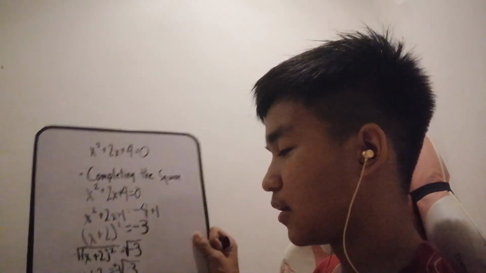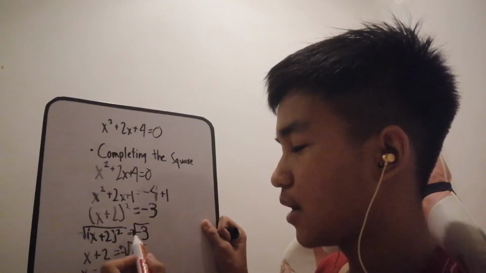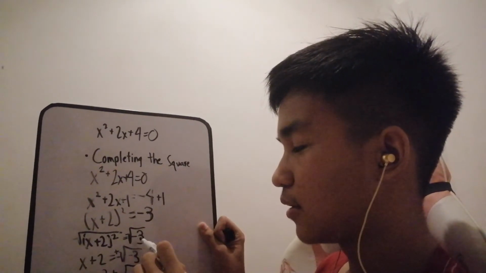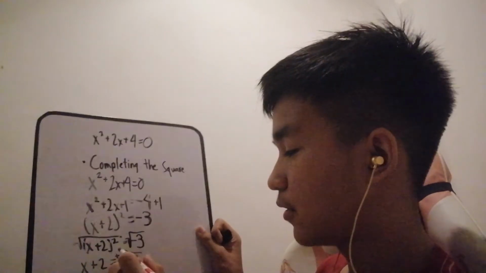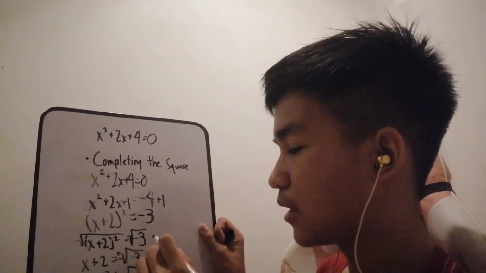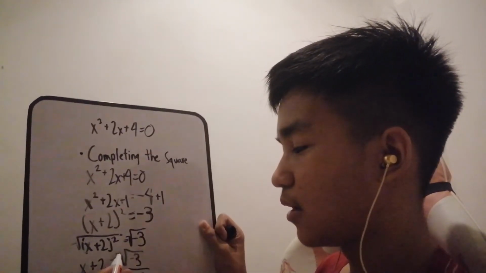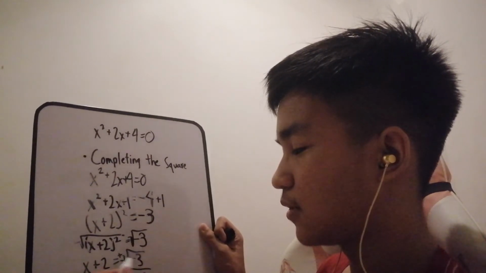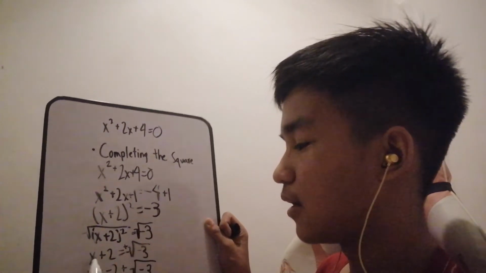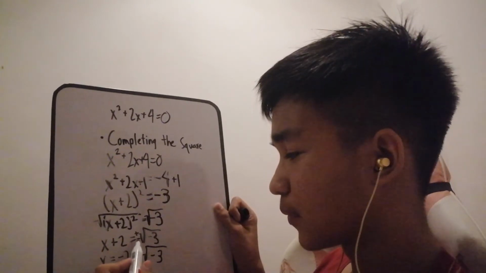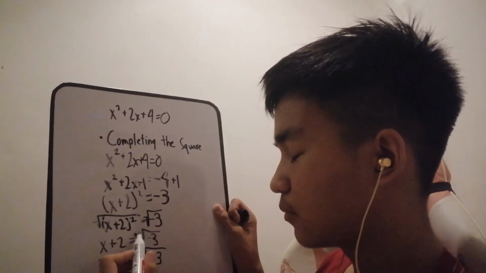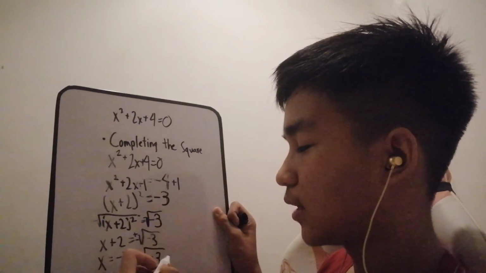But there is no square root of negative 3, so we will just keep it that way. So it will be x plus 2 equals positive negative square root of negative 3.